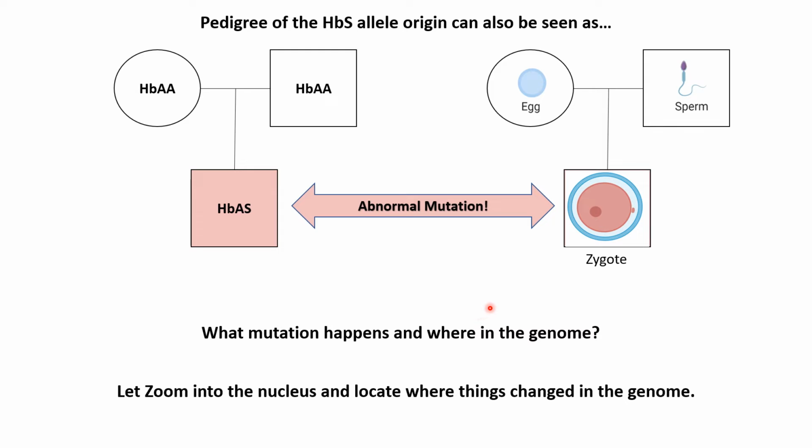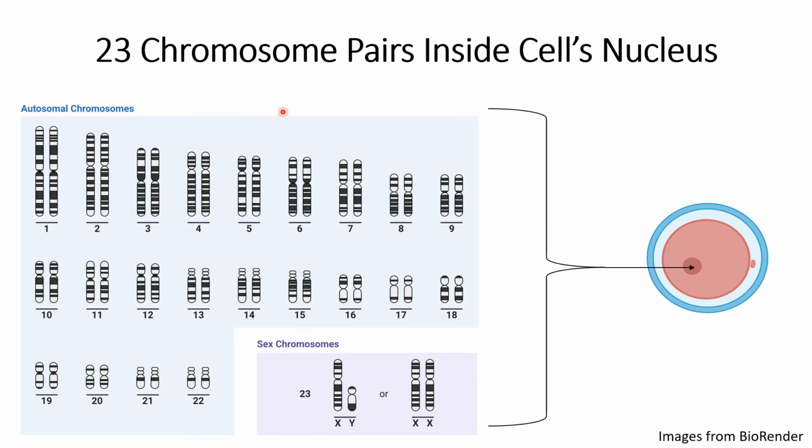So now I want to zoom in to where in the nucleus this occurs inside the cell. If we could peer inside of this cell here, we would locate inside the nucleus that there are 23 chromosomes. 1 through 22 are the autosomal chromosomes, and you can see they go from larger to smaller structures, whereas the 23rd chromosome dictates the sex of the organism.